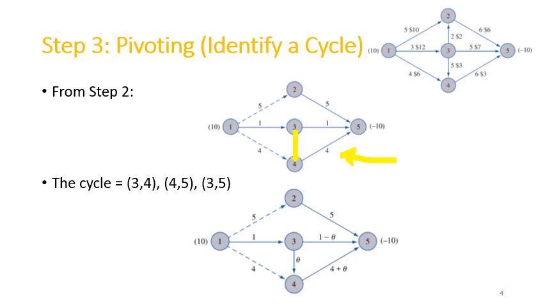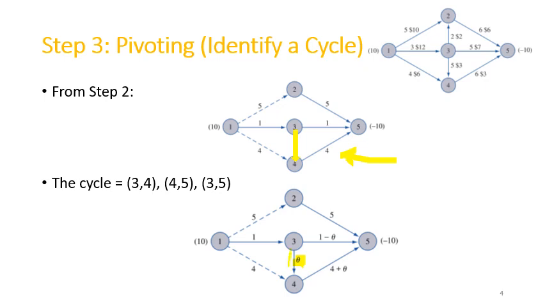In the new solution, we want to increase it from nothing to something. So we are going to add a value to that x34, which we symbolize by theta. We don't know yet how much theta is, but we just put theta. Now look at the arcs.